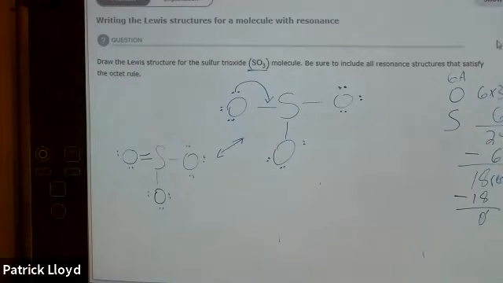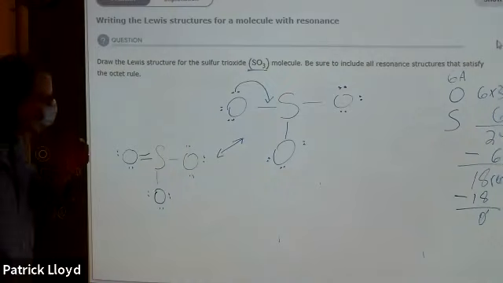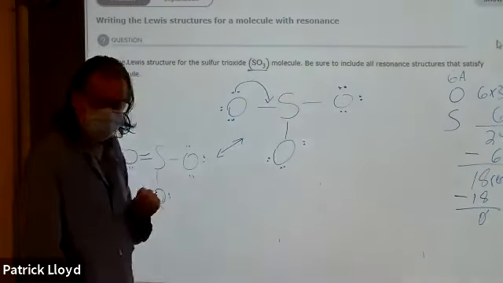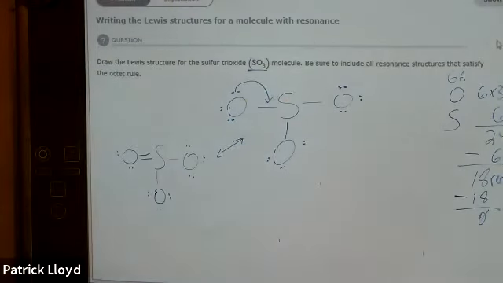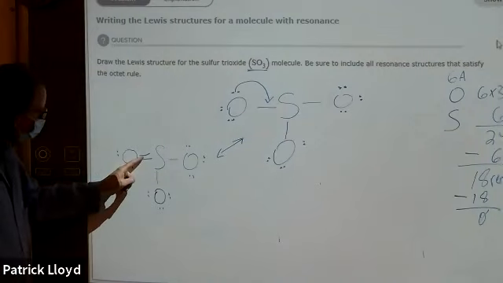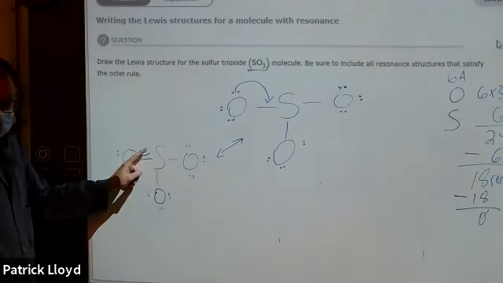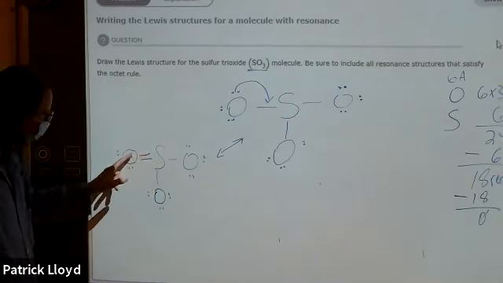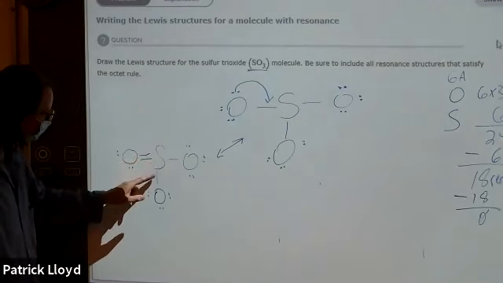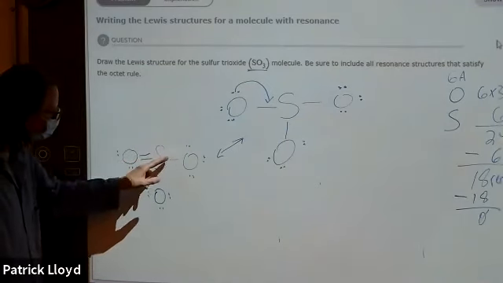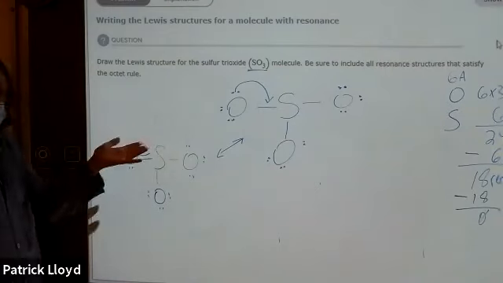However, it turns out that if you actually study the SO3 molecule in its detail, what you'll find is that all three of these bonds are identical in strength and length. It's not the case that one is shorter and stronger, and two of them are weaker and longer. Turns out they're all the same.